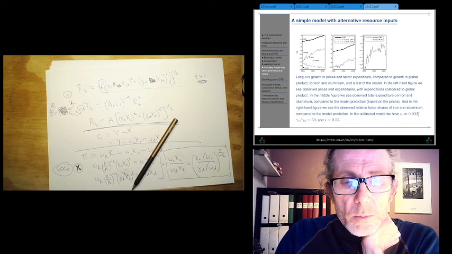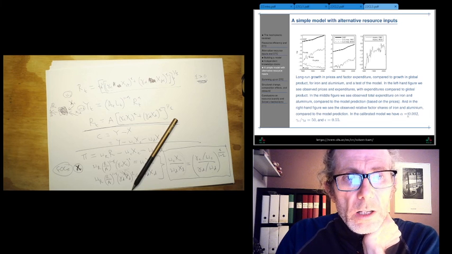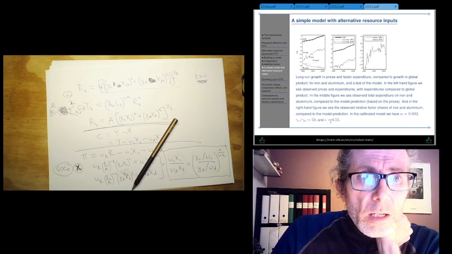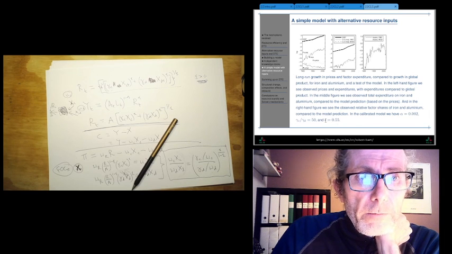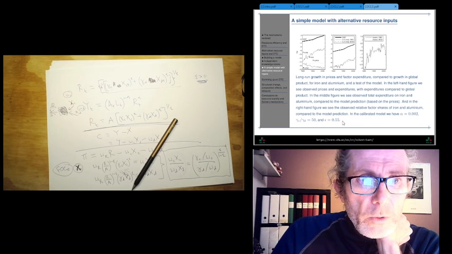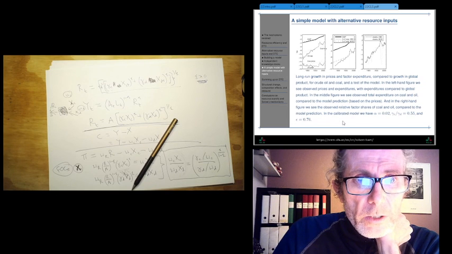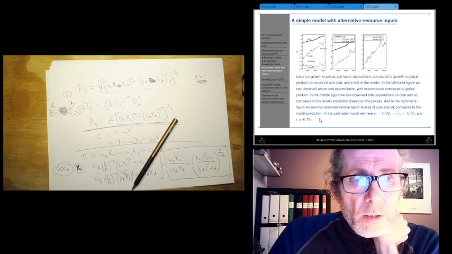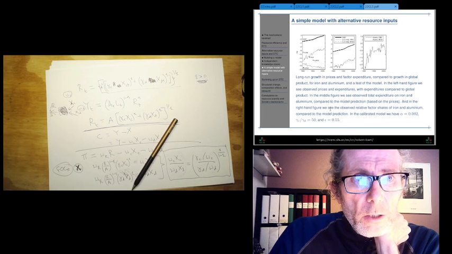That's 0.2% of global GDP roughly is spent on iron and aluminium. And the elasticity is 0.55, so we're not quite as happy to substitute iron for aluminium and vice versa as we were to substitute coal and oil. But they're still pretty good substitutes.